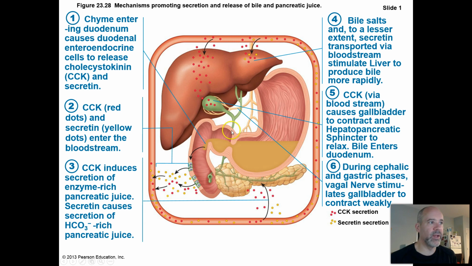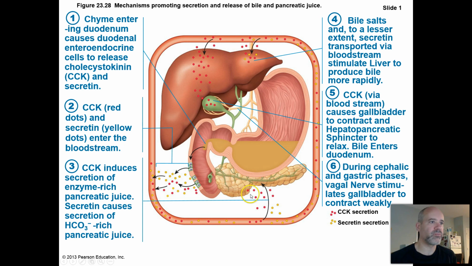It squeezes the bile this way, back behind the stomach, behind the pancreas, over to the hepatopancreatic ampulla. CCK also causes the hepatopancreatic sphincter to relax and open up, and out comes the bile, out comes the pancreatic juices.